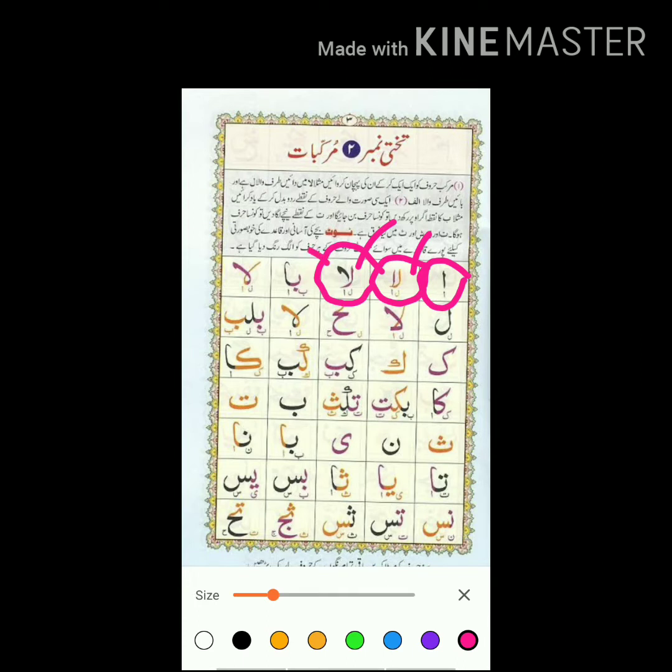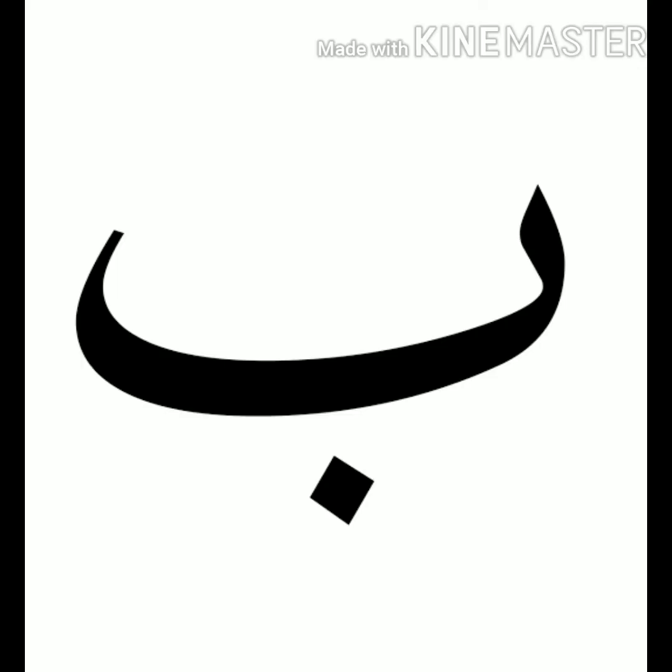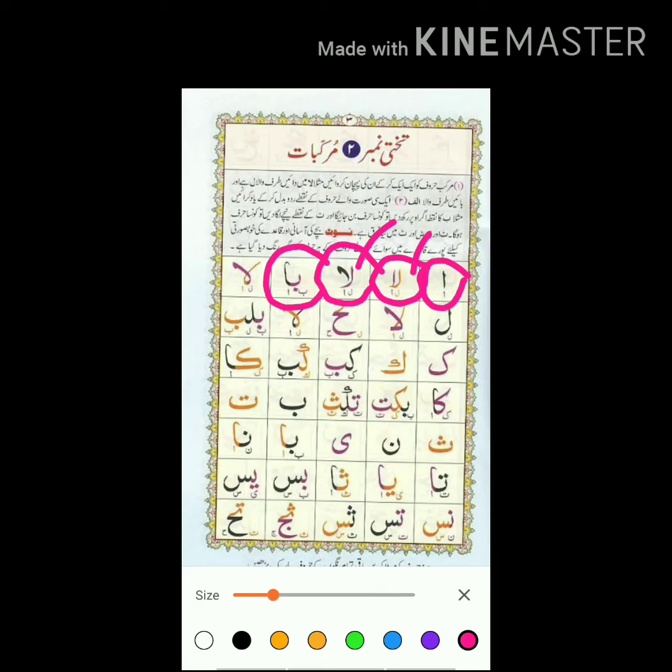So moving to the fourth box, I told you in the very first lecture that whenever you see a boat-like shape and you see a dot below that boat, it means that that shape is ba. And after ba there is a straight line, it means the other letter is alif. So in this box there are two letters. The first one is ba and the second one is alif.